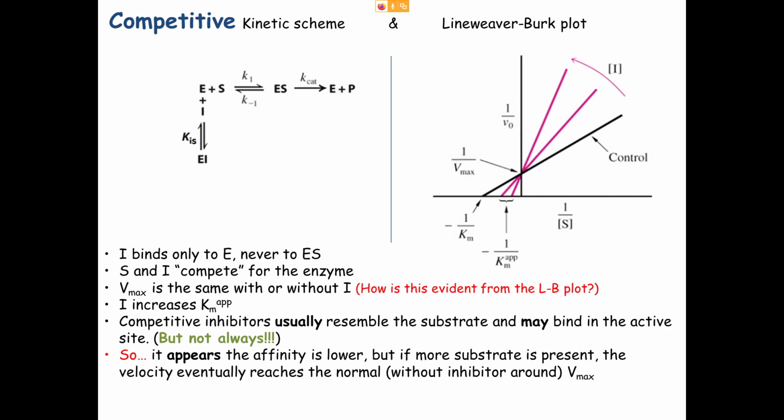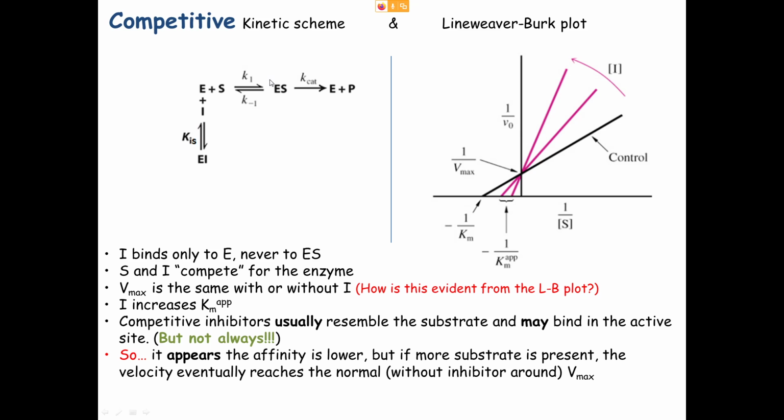It's true competition. Either S binds to E or I binds to E, never both. If one's bound, like EI, the substrate cannot bind. What must happen first? E and I must dissociate, right? And that dissociation here, that's the up arrow here of EI falling apart into E plus I, is given a rate. It's called KIS. Okay?